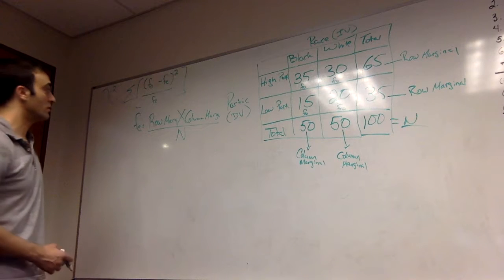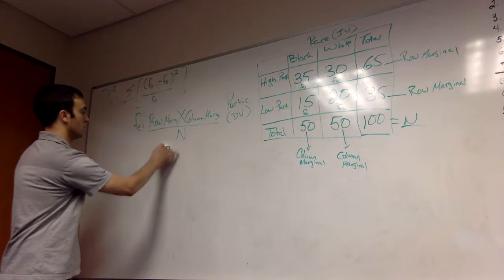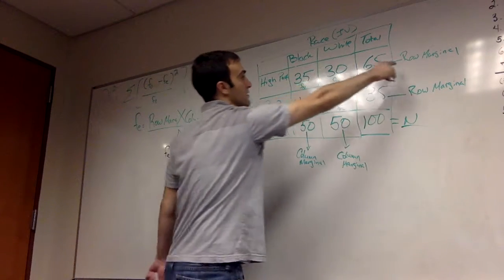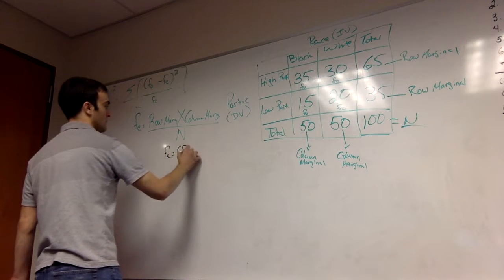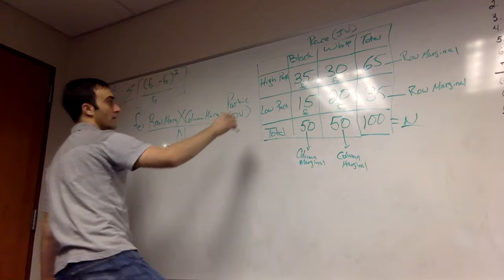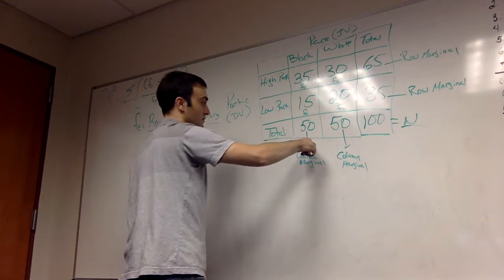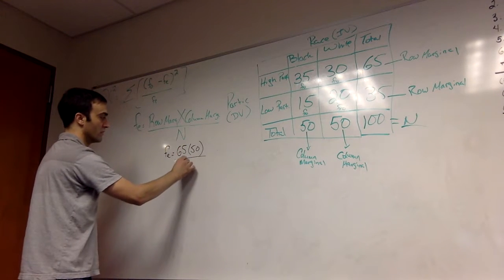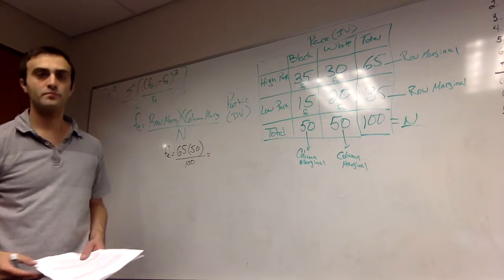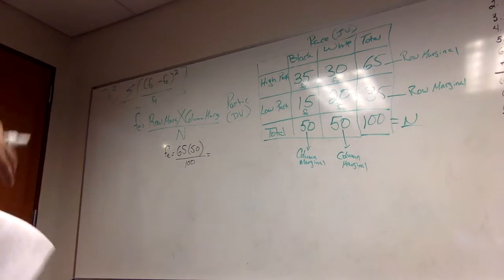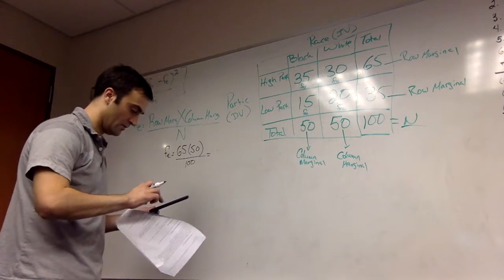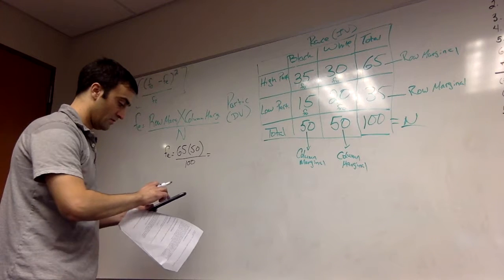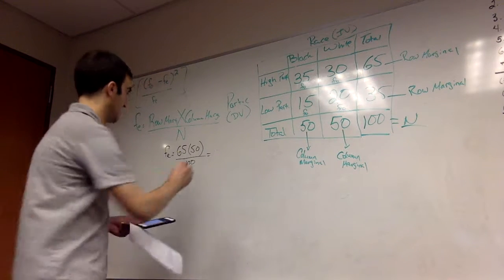So you do FE equals the row marginal for this cell, which is 65, multiplied by the column marginal for this cell, which is 50, and then divide by N of 100. 65 times 50 is 3,250.